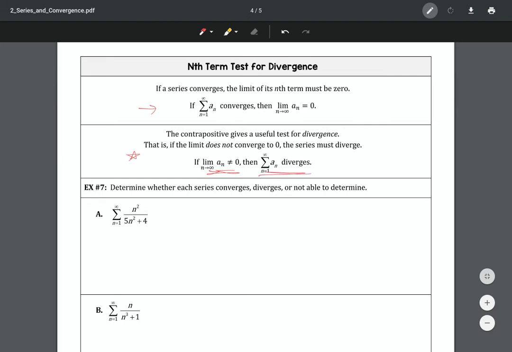That's the important part, because you can save yourself a whole lot of work instead of trying to figure out mathematically if something diverges, by just using this test.